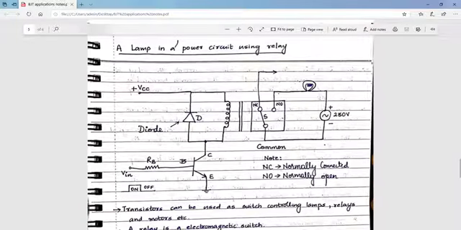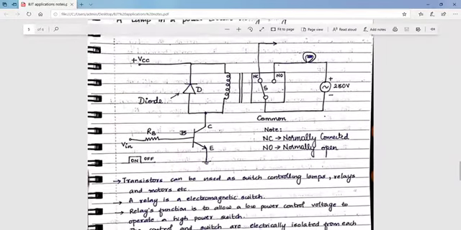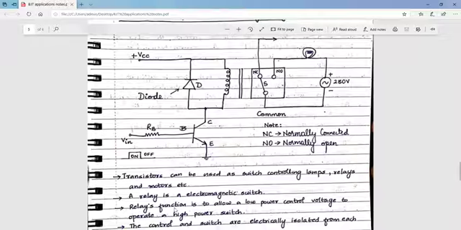Clear? Now, a transistor can be used as a switch controlling lamps, relays, motors, etc. Now let us try to understand what a relay is. A relay is an electromagnetic switch, and the relay's function is to allow a low power control voltage to operate a high power switch.